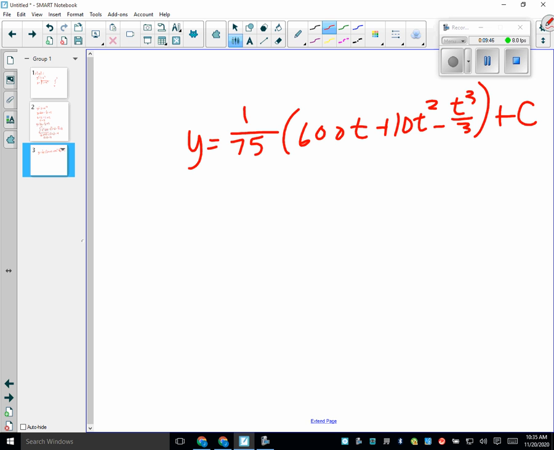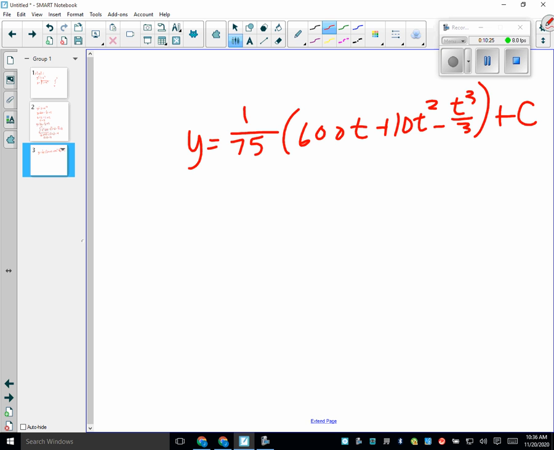Is that what you've got for the antiderivative? Do we know how to take the antiderivative of e to the negative x squared? No, you do not. Okay, yes, that is what I've got.